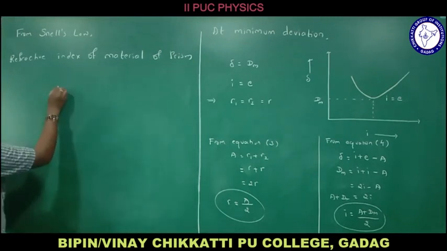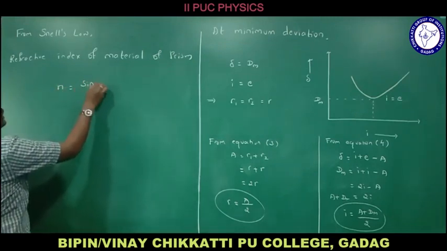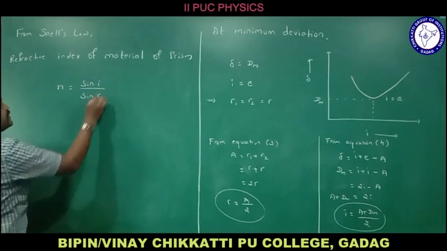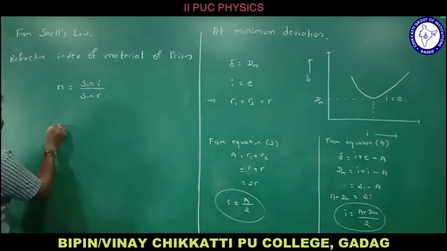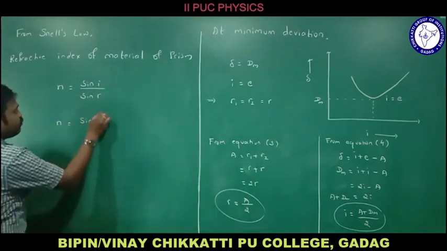So what is the formula? N is equal to sin I divided by sin R. So N is equal to sin of, what is I?